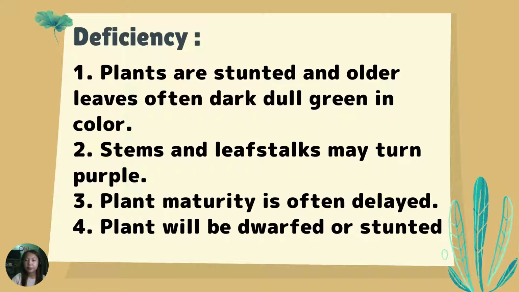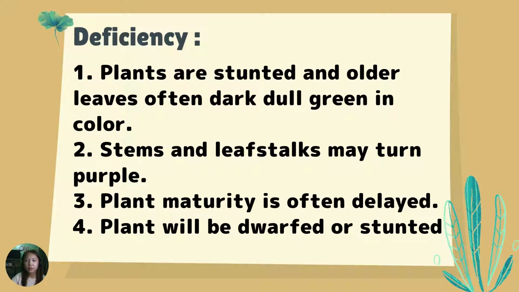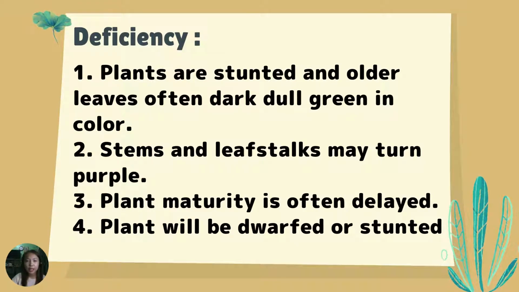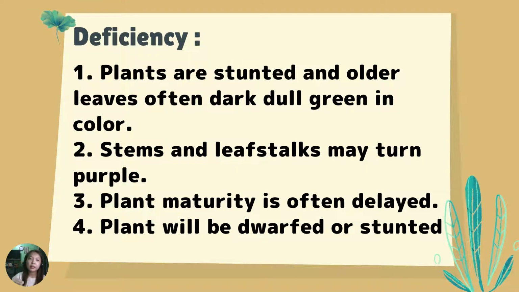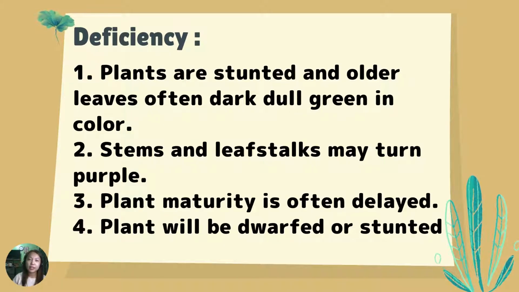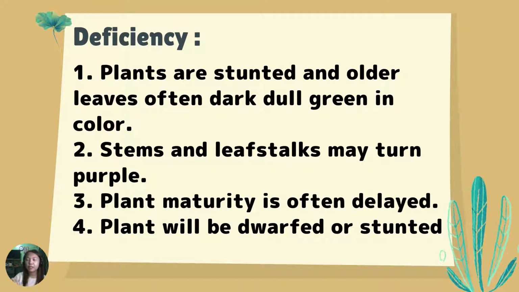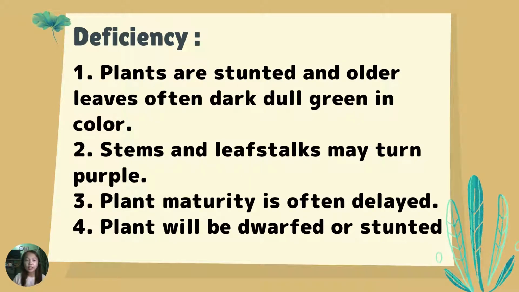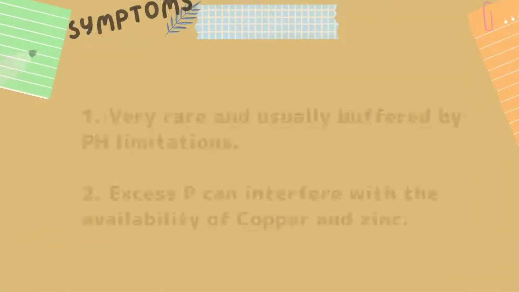The plant will be dwarfed or stunted. If you observe your plants not growing to their normal or ordinary size, commonly plants grow depending on the availability of nutrients, so there might be a deficiency of this element.